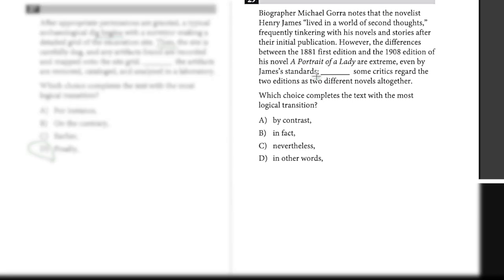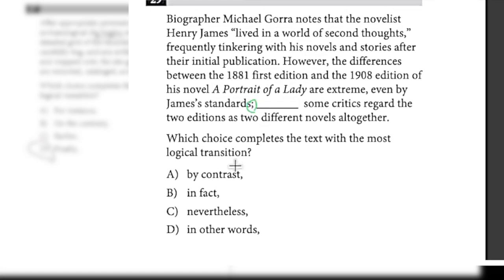Okay, so this is a semicolon, which is basically a period, so I'm still going to start from however here. However, the differences between the first edition and the 1908 edition are extreme, even by James standards. Some critics regard the two editions as two different novels altogether.